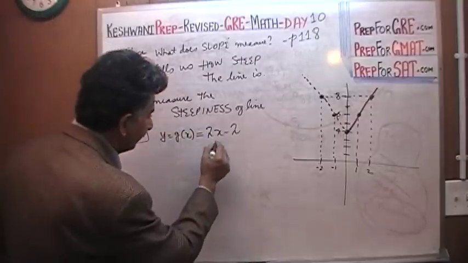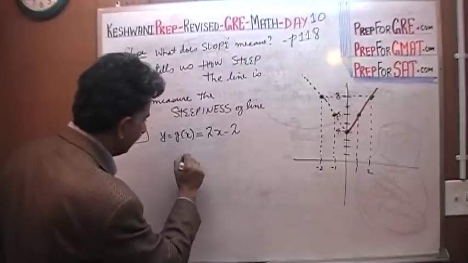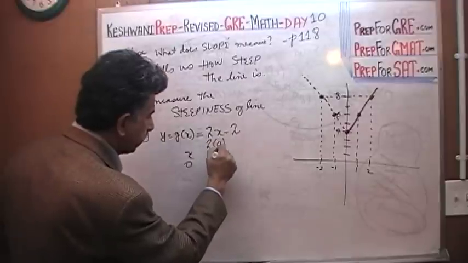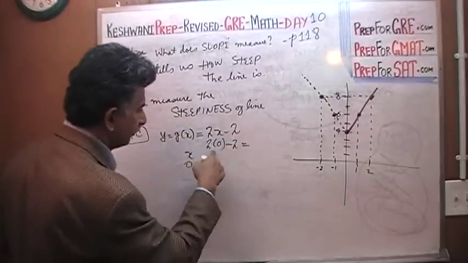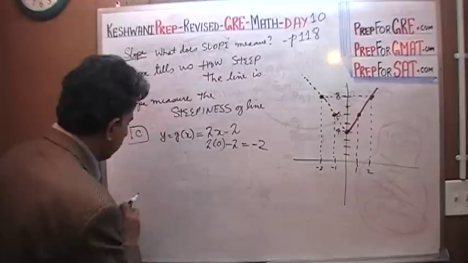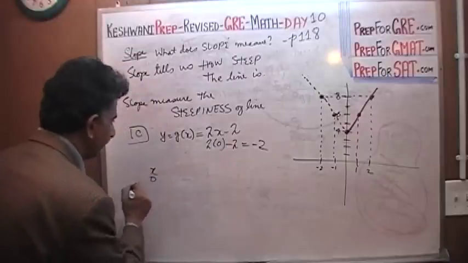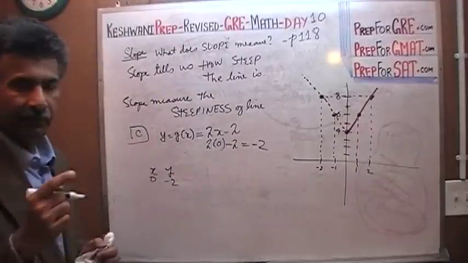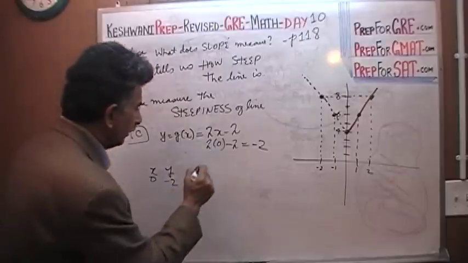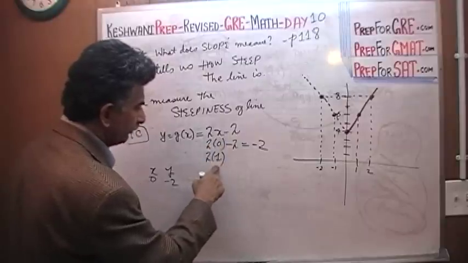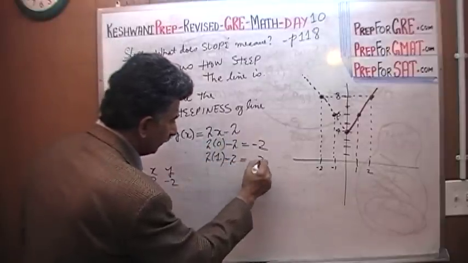Look, when x is 0, 0 times 2 is 0, minus 2. So when x is 0, y is negative 2. What happens when x goes from 0 to 1? When x is 1, 2 times 1 is 2, minus 2 is 0.